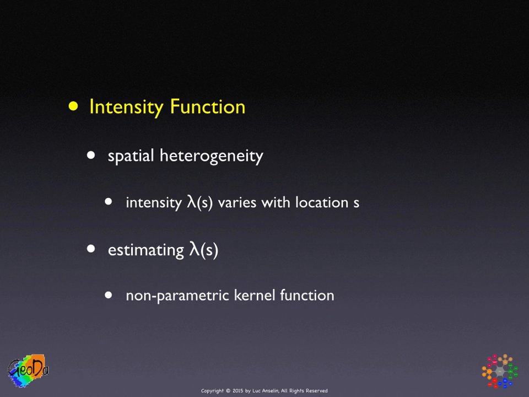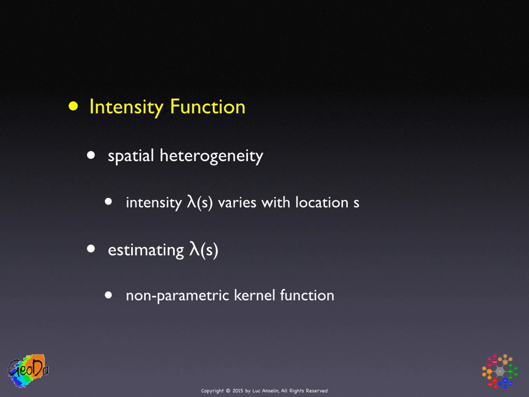So in contrast to the quadrat counts, where we impose a discrete set of subcells, so to speak, and then estimate the intensity in those and then possibly map it, here we take a continuous approach and use a non-parametric kernel function to estimate the intensity function.